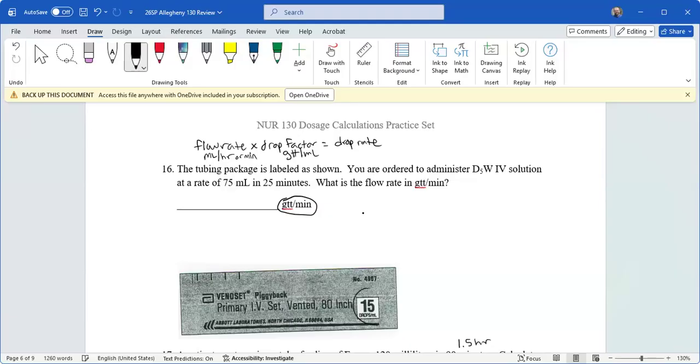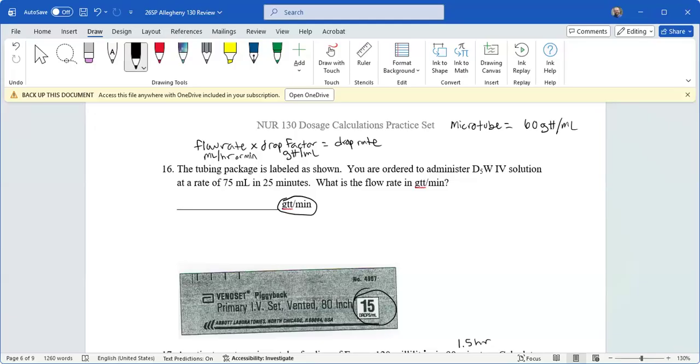Here is where the drop factor is given to you. It's on a label or written for you. On ATI, they might ask you to calculate a drop rate, and they say you're using microtubing. If it says the word microtubing, that's 60 drops per mil. That seems to be the standard.